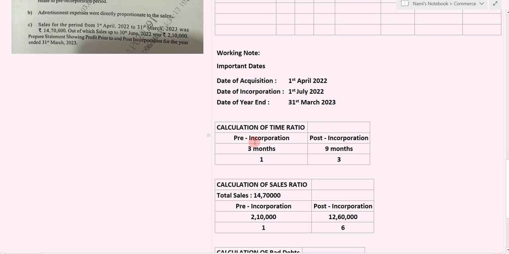That means in pre-incorporation, from 1st April to 1st July, there are 3 months, and from 1st July to 31st March there are 9 months. So in the time ratio, pre-incorporation is 3 and post-incorporation is 9. 3 ones are 3, 3 threes are 9. So the time ratio is 1:3.